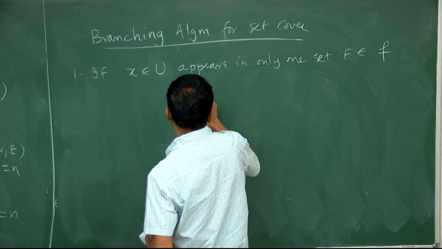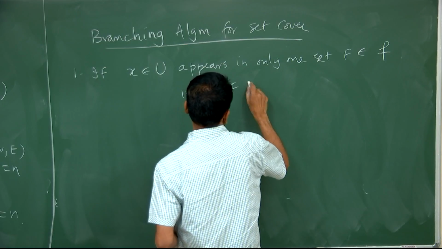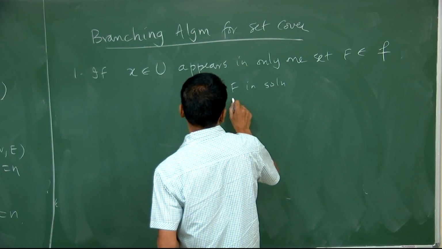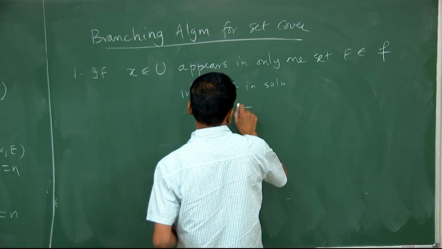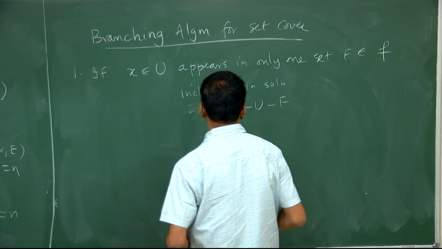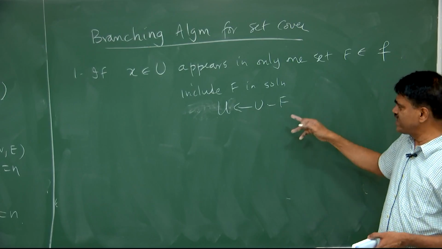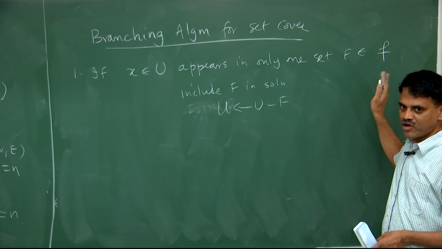So include F in the solution and delete it from the universe. So U, I will update it to be U minus F, because anything F is covering, I can delete from my universe. I can also delete all these elements from the sets in the family also. They've all been covered, right?